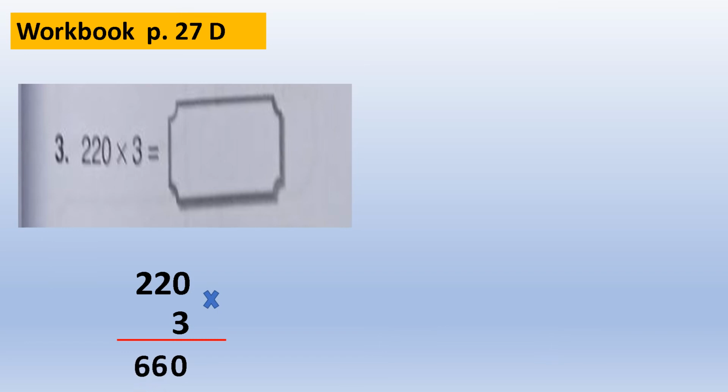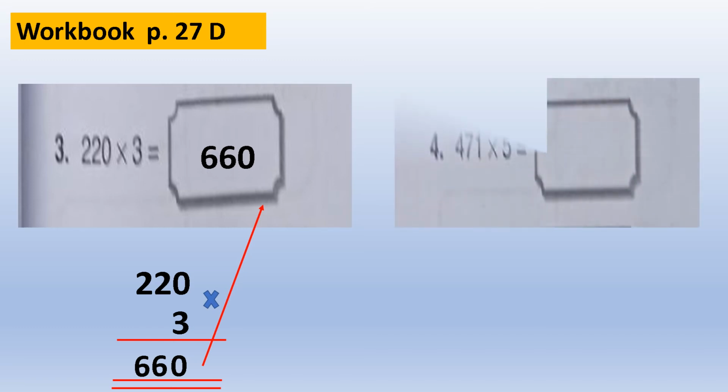And then 2 times 3 is 6. So the product or the answer is 660. So you say 220 times 3 is equal to 660.